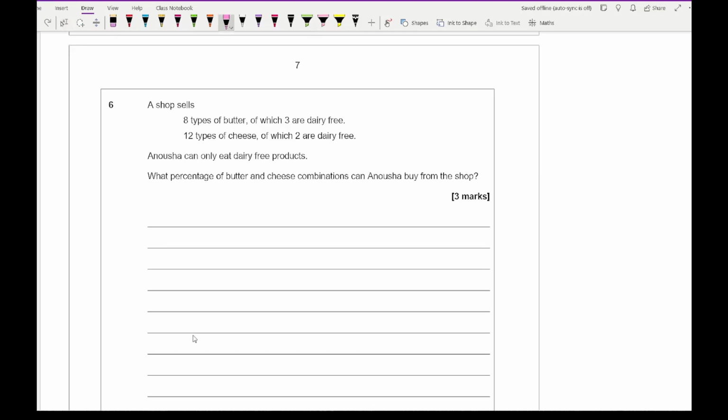So for this particular question, let's have a look. So for this, the possible dairy-free combos is going to be 3 times 2, which is 6.